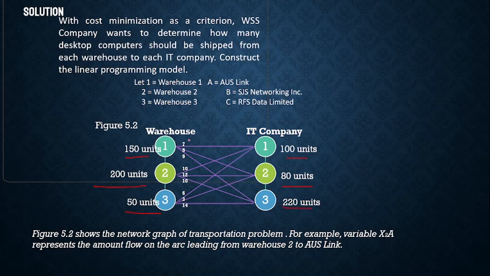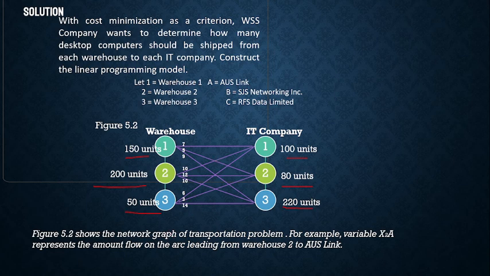So ito yung mga need nila. Yung IT company na 1 nag-need sila ng 7, and the warehouse 2 nag-need sila ng 10, and yung warehouse 3 nag-need sila ng 6. As you can see, evenly distributed siya.